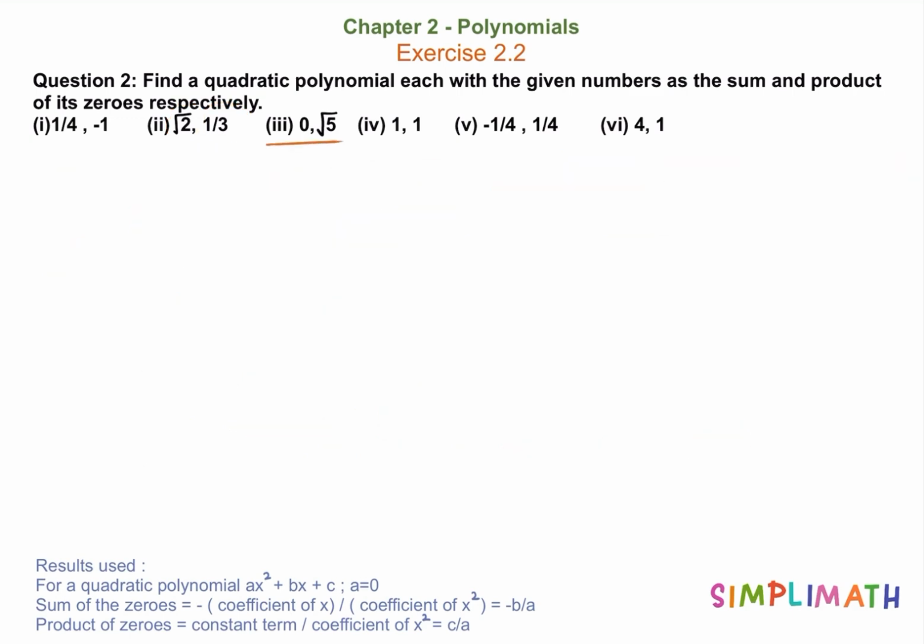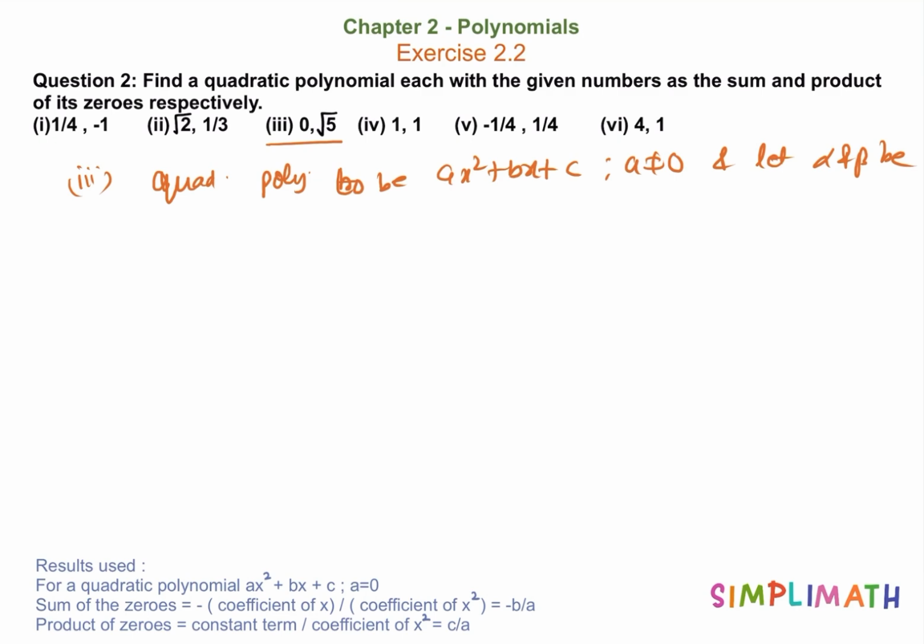Now let's come to the third part. Again similarly we will assume the quadratic polynomial to be ax square plus bx plus c, where a is not equal to 0, and let alpha and beta be the zeros of this polynomial.